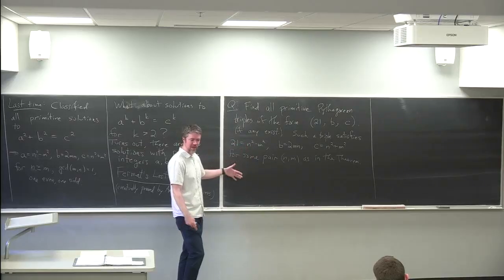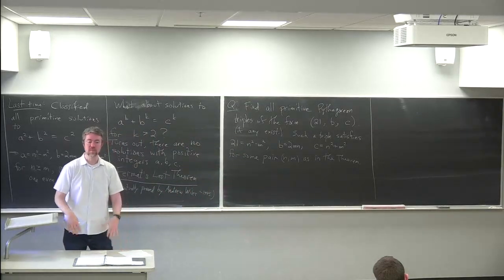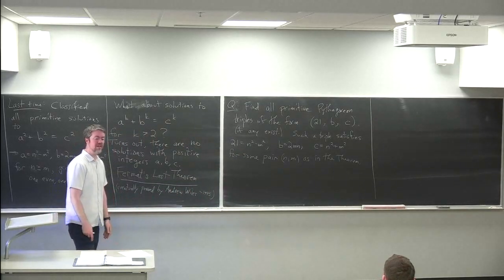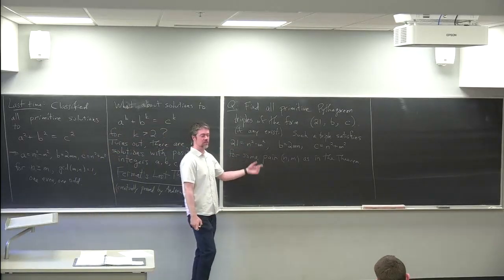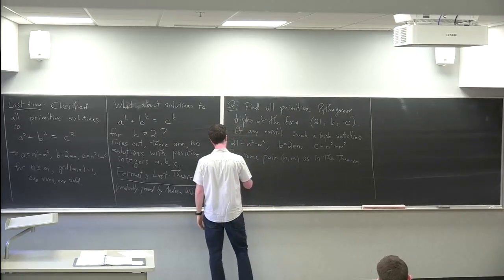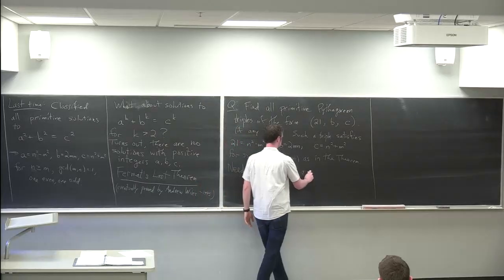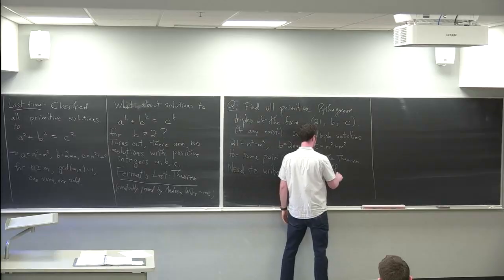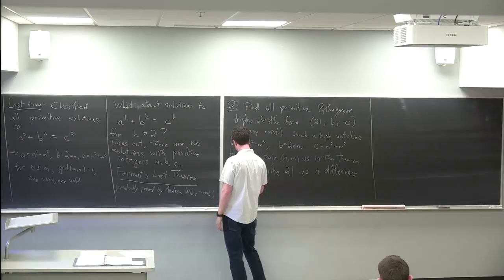That is in fact just a number theory question that can be posed more generally: given an integer, how can you write it as a difference of two squares? So you need to write 21 as a difference of squares.